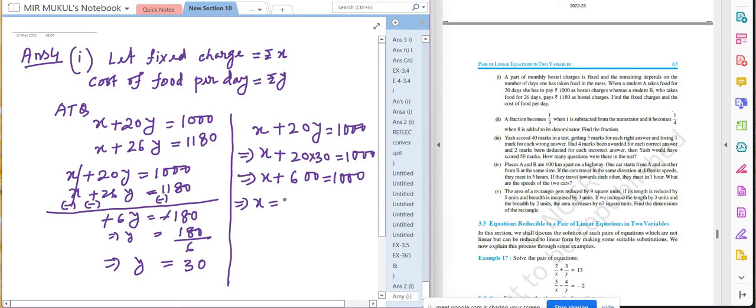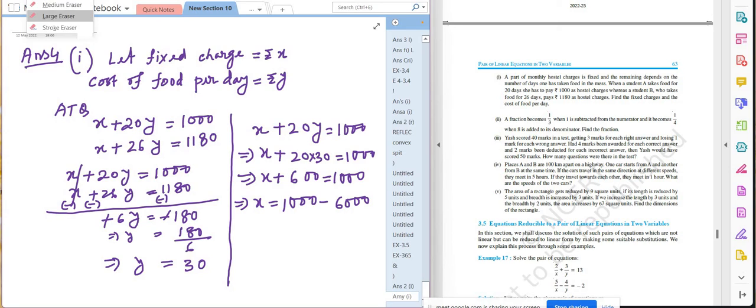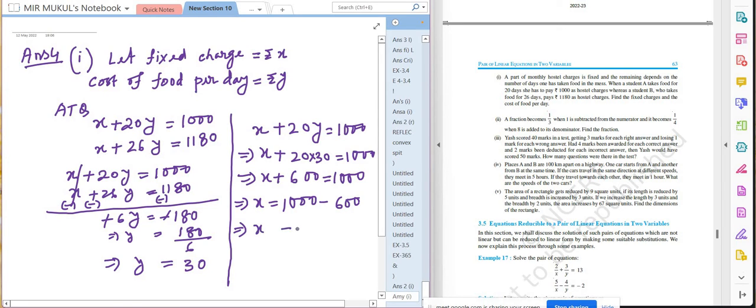So x equals 1000 minus 600, 400. Sorry, 600, not 1000. 600, right? So x equals 400.